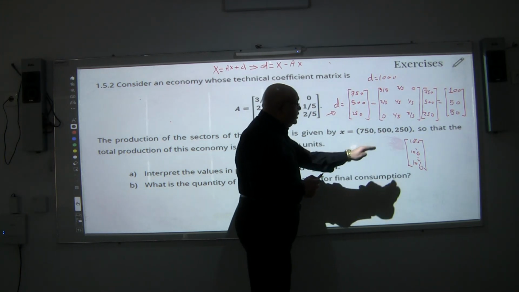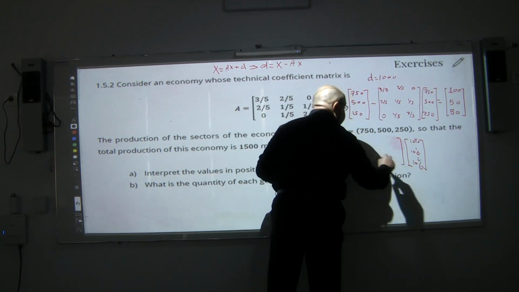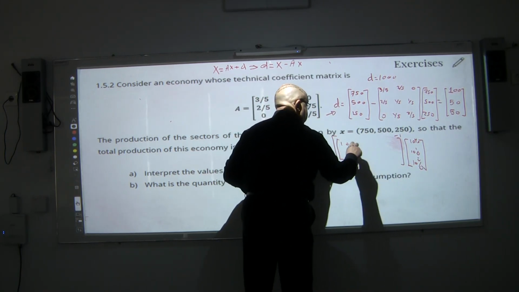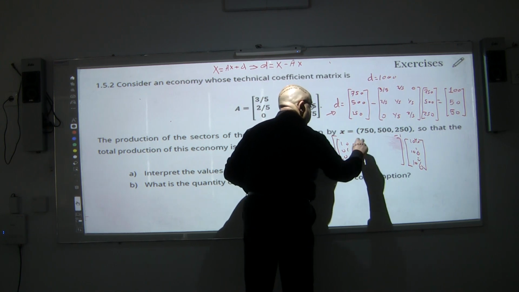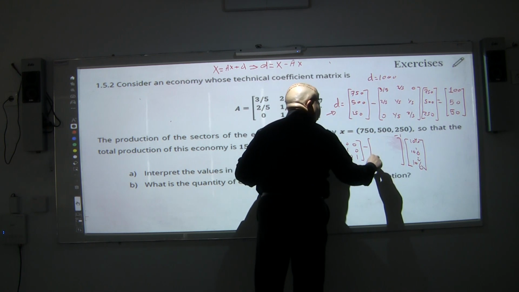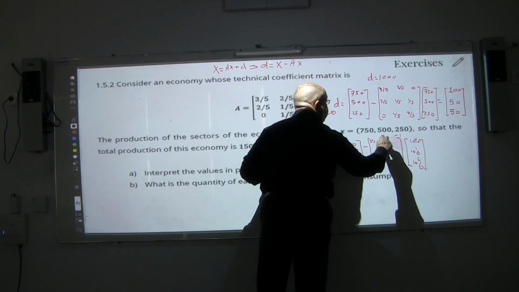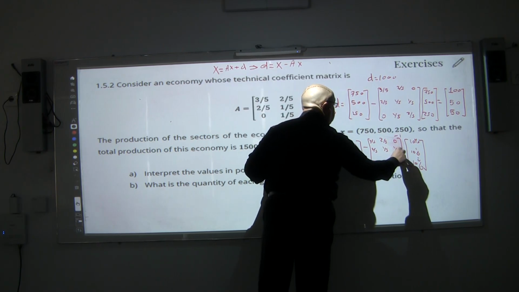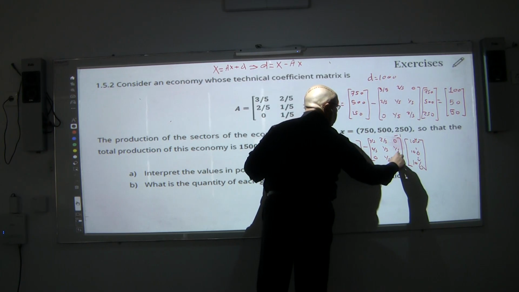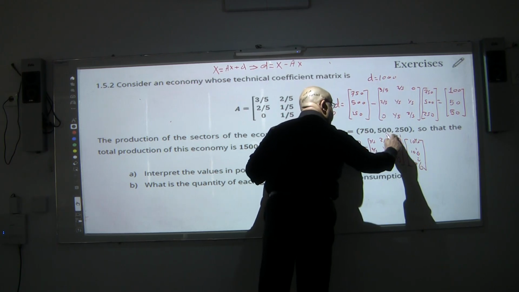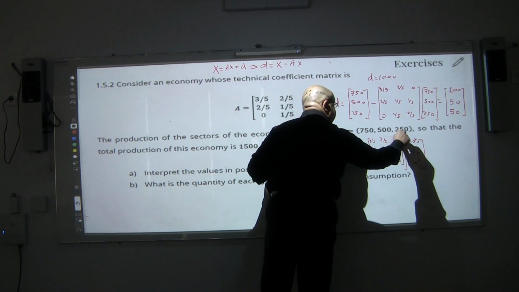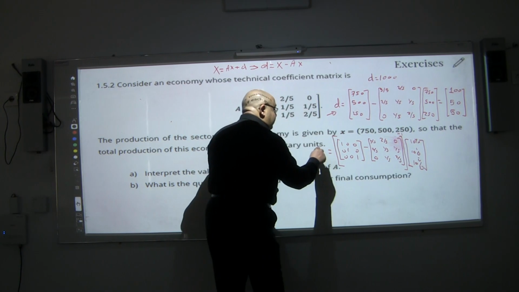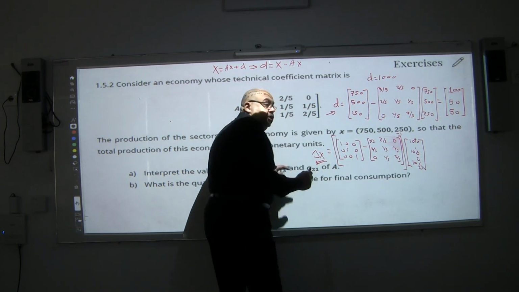I will multiply this value by the inverse Leontief matrix, I minus A inverse. Once you evaluate this matrix and get its inverse and multiply it by the percentage of increase, I will have now the percentage of increase in the production.